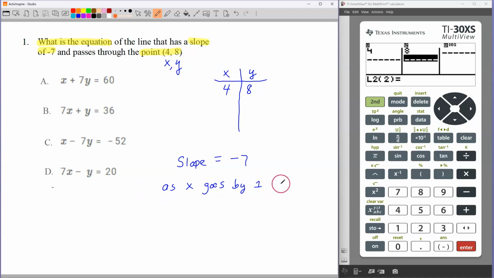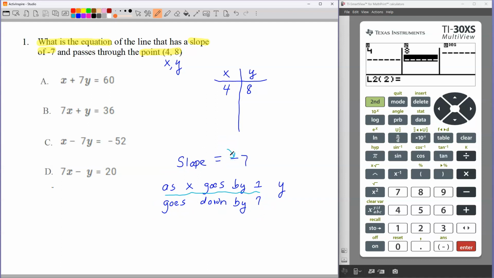As x goes up by 1, y goes down by 7. That's how you read the slope. It's always as x goes up by 1. This part for this type of problem will not change. And then y goes down by 7 because the slope is negative. That means it goes down.